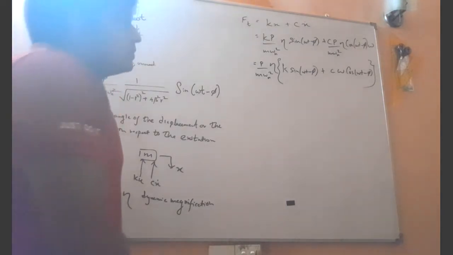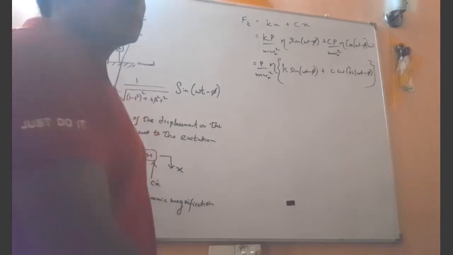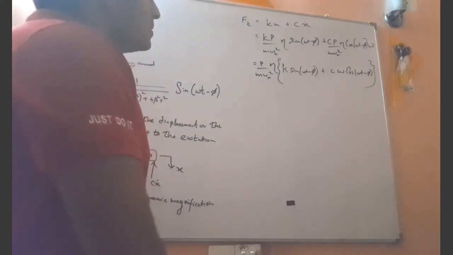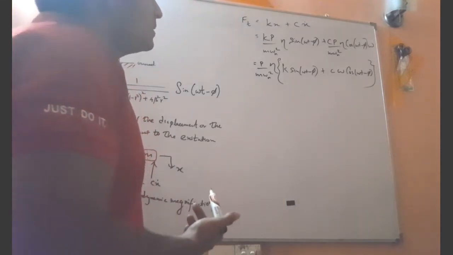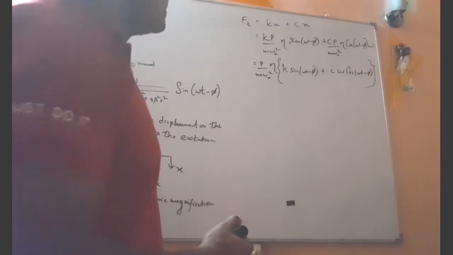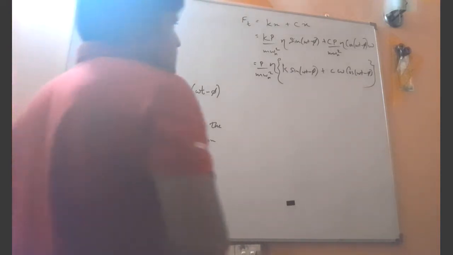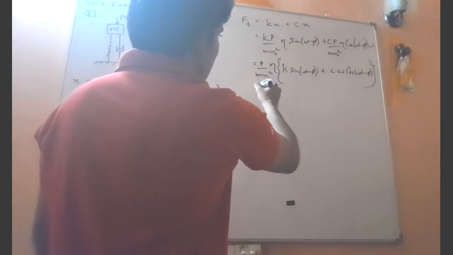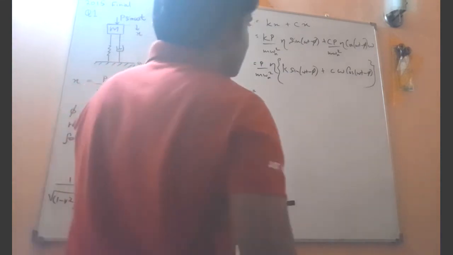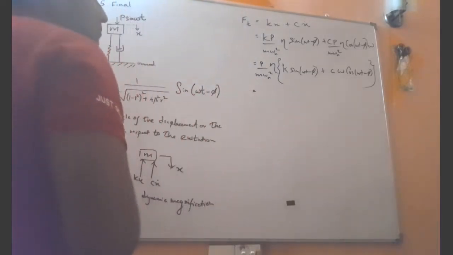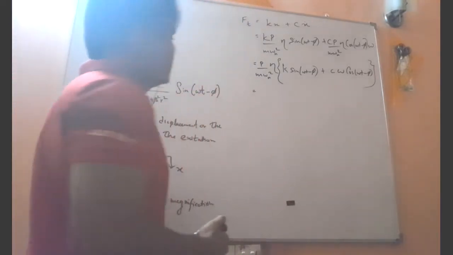So now here you have to obtain some sort of a trigonometric identity. So let's see how to obtain that. Now, what you can basically do is, you know there is a formula.